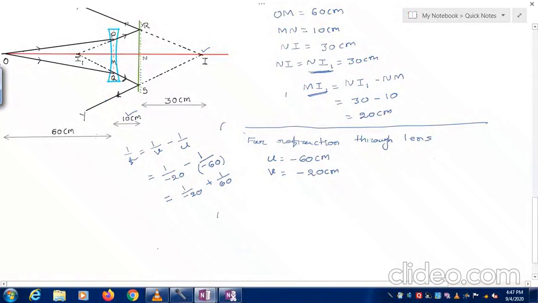So this is equal to, over 60, minus 3 plus 1. So this is equal to minus 2 divided by 60. This implies 1 by F is equal to minus 1 by 30. This implies F is equal to minus 30 centimeter.